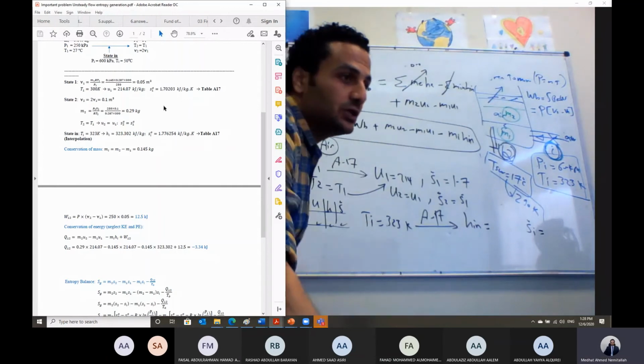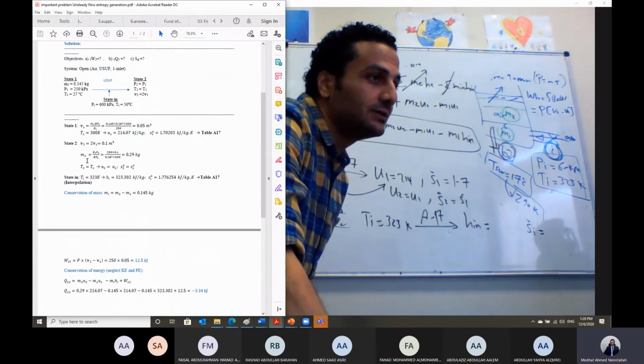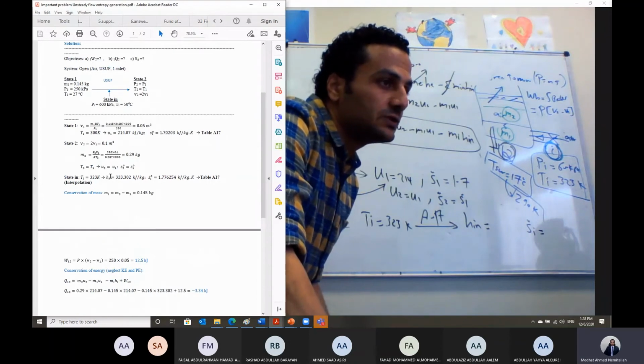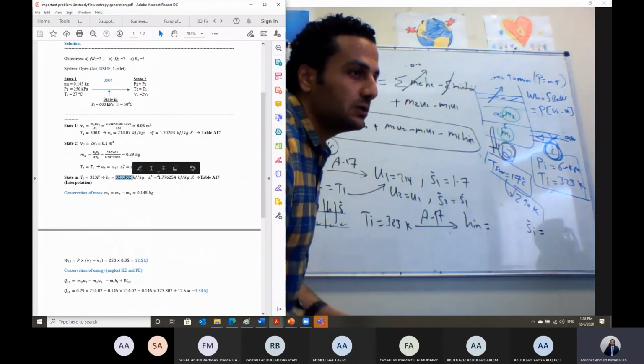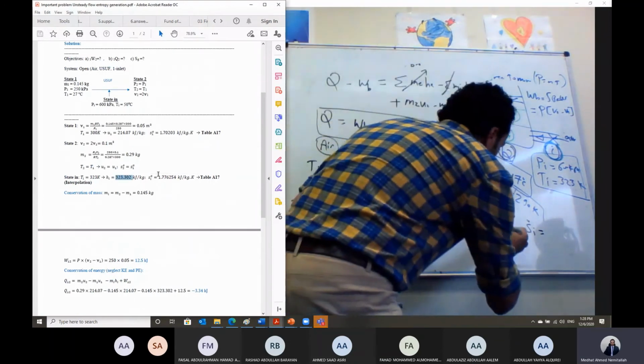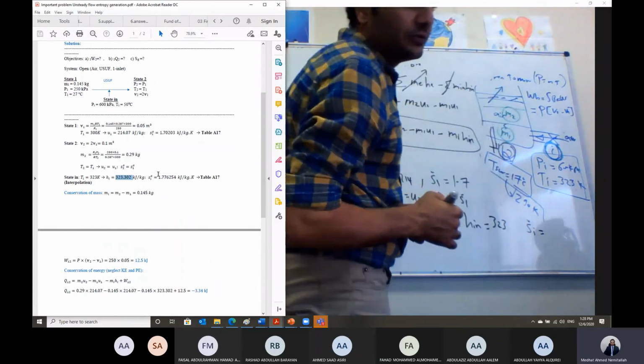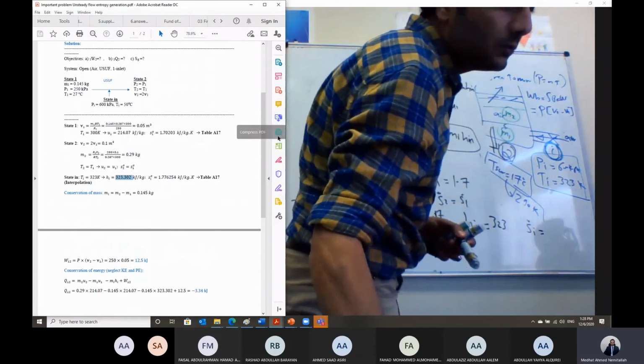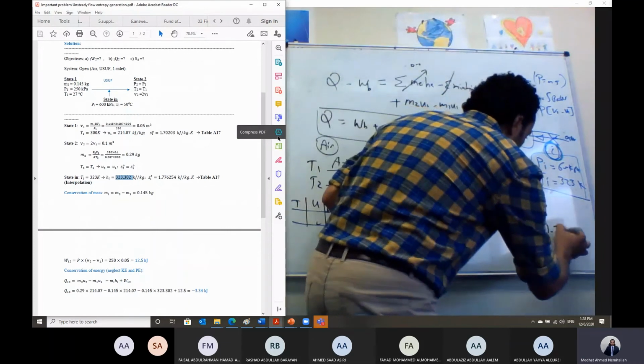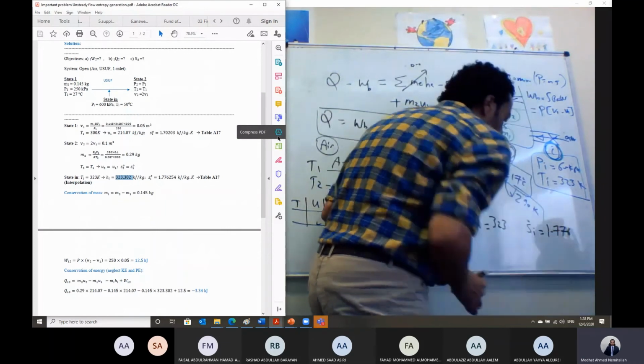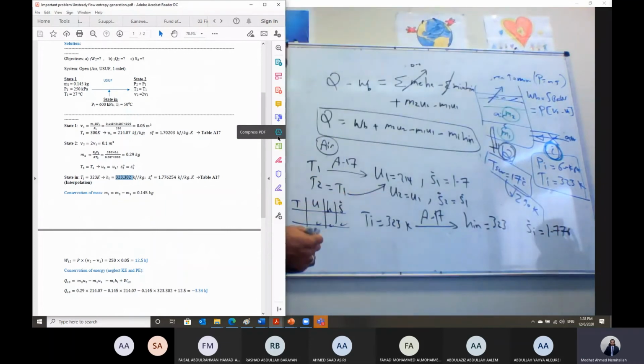So h inlet, you can double check on those values, will equal 323 kilojoule per kilogram, and the entropy will equal 1.776 kilojoule per kilogram Kelvin.